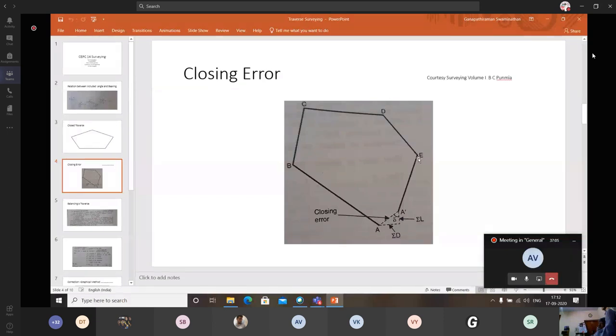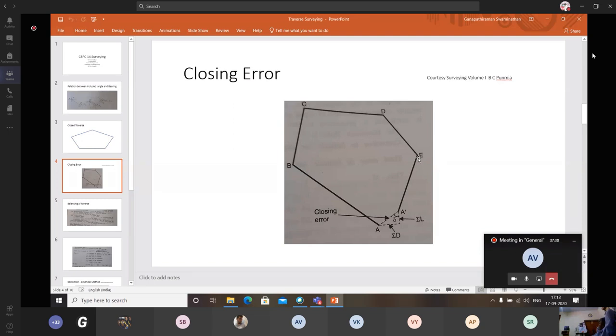Column is a compression member. How do you classify a beam? In basic civil, somebody would have taught you. Do you know what a compression member is? Do you know what a tension member is?